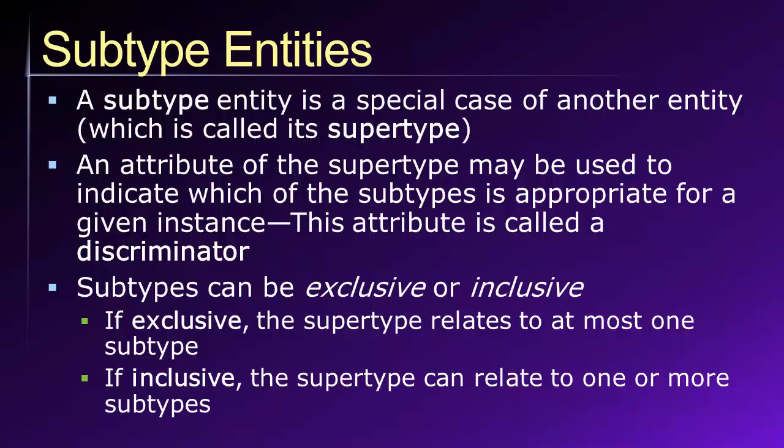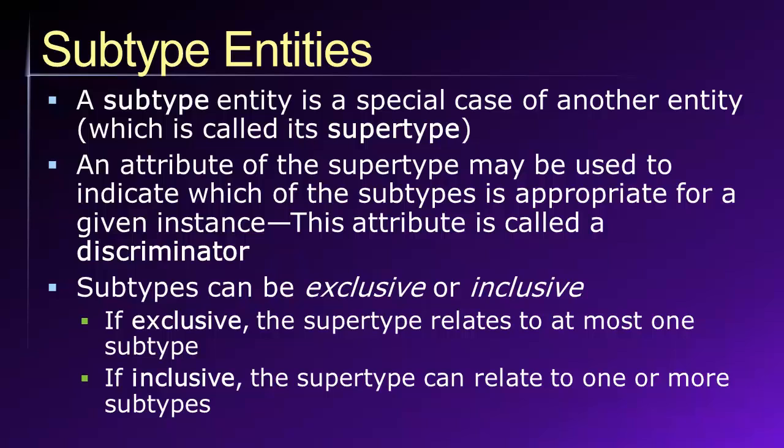So a vehicle, for example, can be a car or a truck or a motorcycle, but it cannot simultaneously be a truck and a motorcycle. That would be an exclusive supertype-subtype relationship.